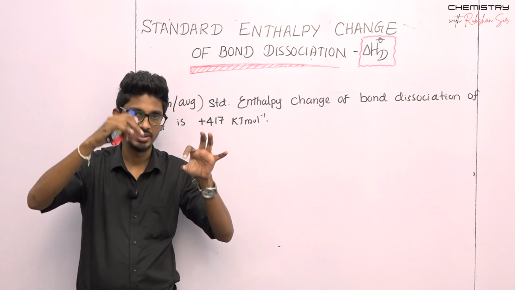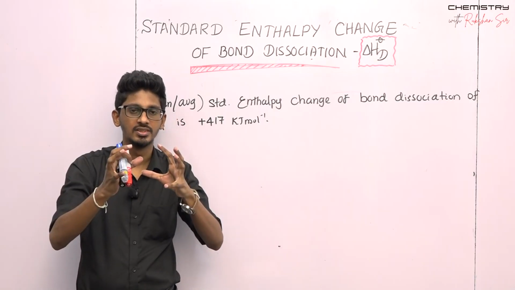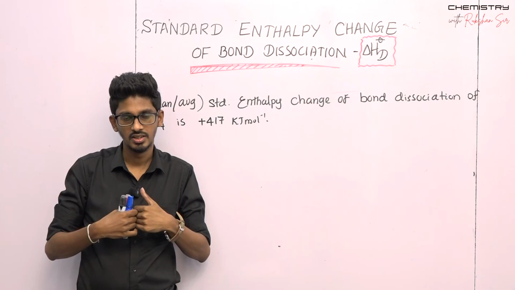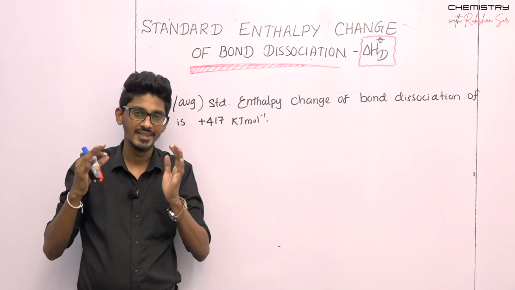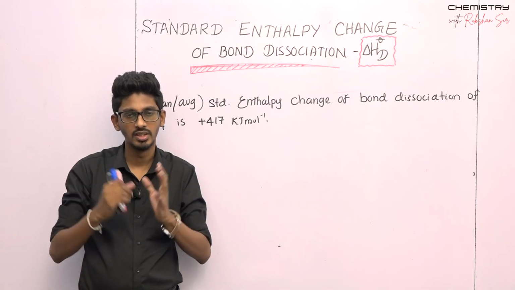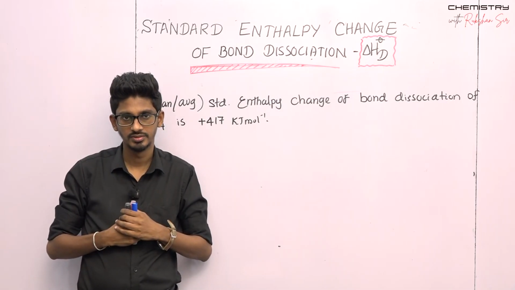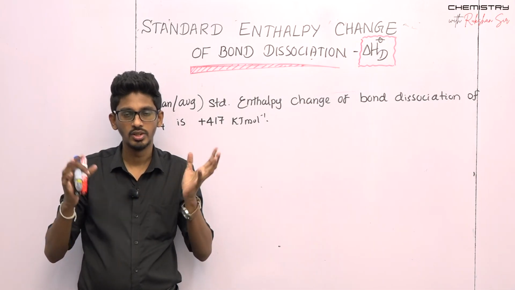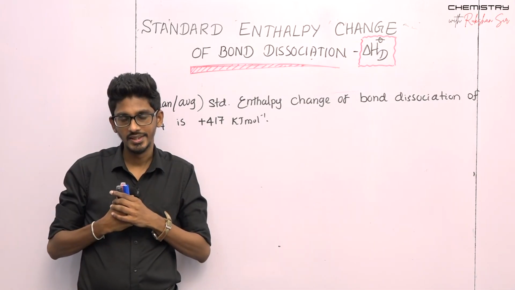So all the bond breakings are endothermic. Delta H values are positive. Remember that. On the other hand, all the bond formings are exothermic.